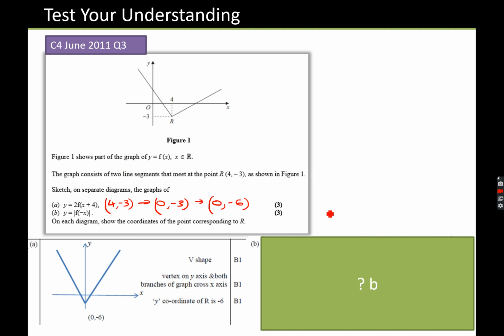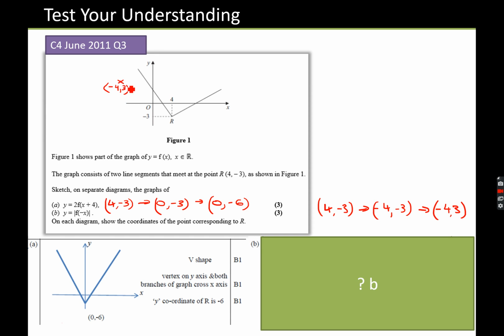So (4, -3) for this one is instead going to become (-4, -3). And then when I do the modulus of all of that, I'm going to end up with (-4, 3). So that's now going to be my point, somewhere around there.